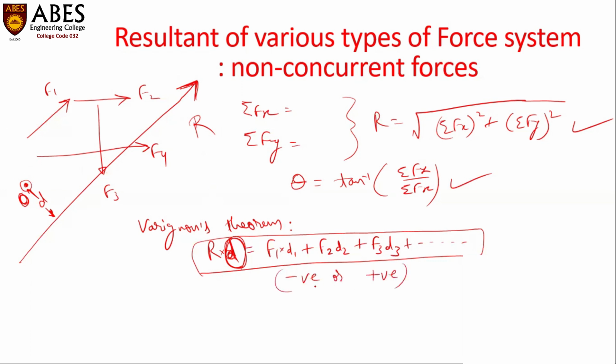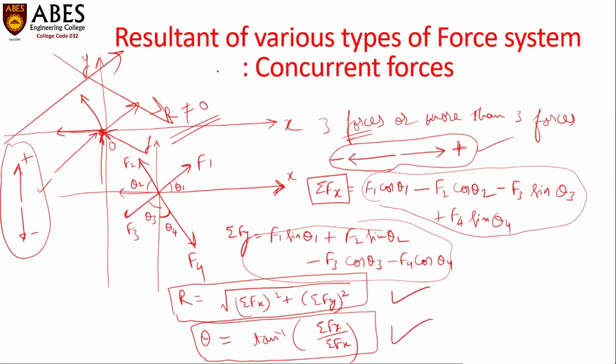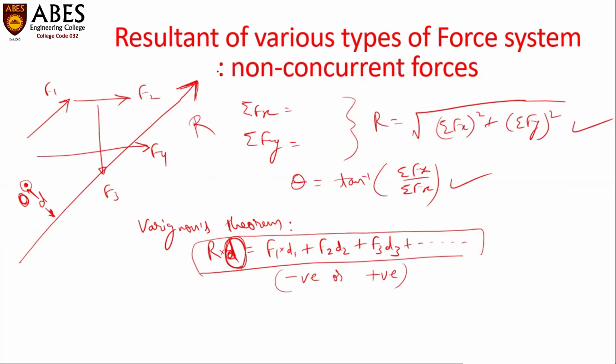This type of problem, how to find the exact location of the resultant, will be discussed later. So this methodology is used to locate the resultant exactly on that plane in that particular type of force system. We will take a numerical problem in upcoming lectures based on these different types of force systems, resultant of concurrent and resultant of non-concurrent force systems.